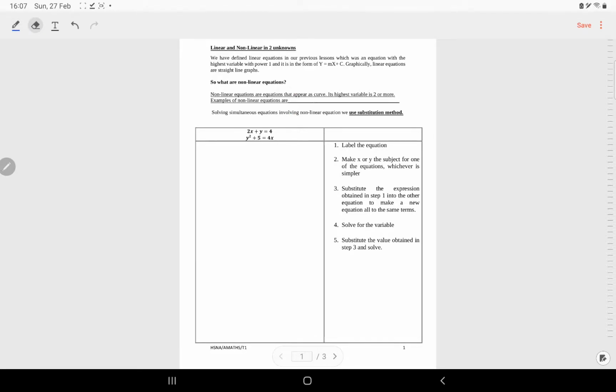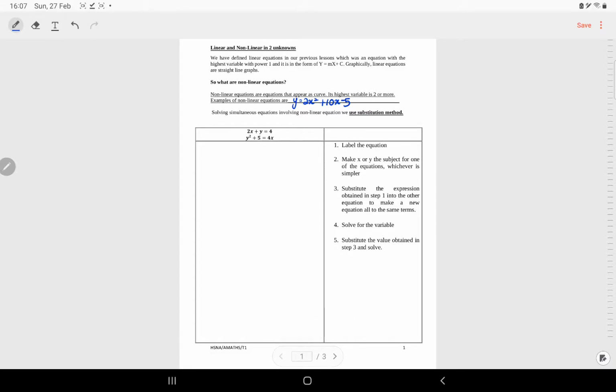Anything in the form of, let's say, 2x squared plus 10x minus 5, so anything in the form ax squared plus bx plus c. Quadratic equations are non-linear, and we have seen the graph of a quadratic equation.